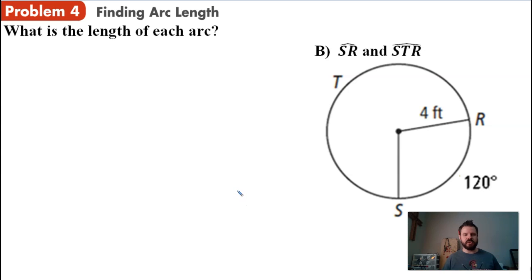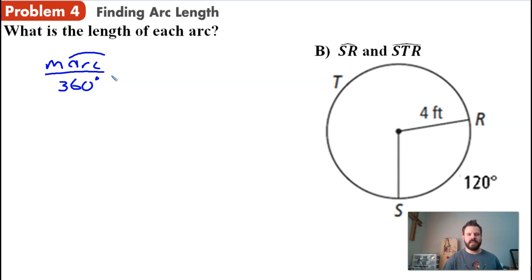All right, let's go through these quick. 2 arc lengths we want to find, arc SR and arc STR. Again, our formula was measure of the arc divided by 360, and then just times the circumference of the circle. I'll use the 2 pi r for this one because I know the radius instead of the diameter.